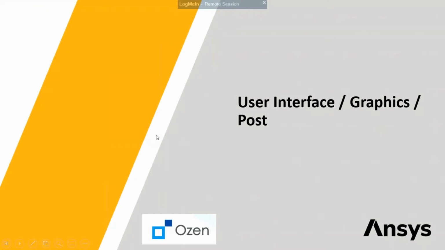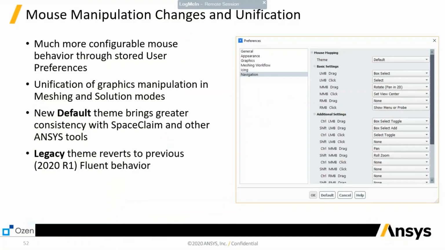On top of that, there have been some improvements on the graphical part of FLUENT too. One thing is that the mouse manipulation has been changed slightly because FLUENT, SpaceClaim, and Mechanical are different tools and they have different operations.